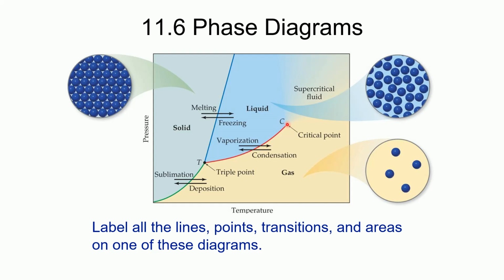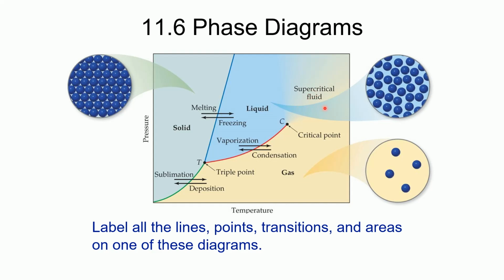Any temperature-pressure combination greater than this, we're going to call a supercritical fluid. If we take a little box here, any temperature higher than this plus any pressure higher than that pressure is going to be considered a supercritical fluid.